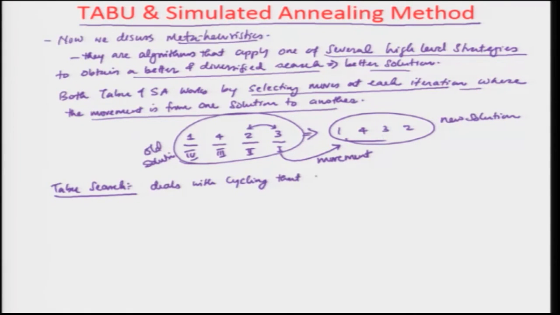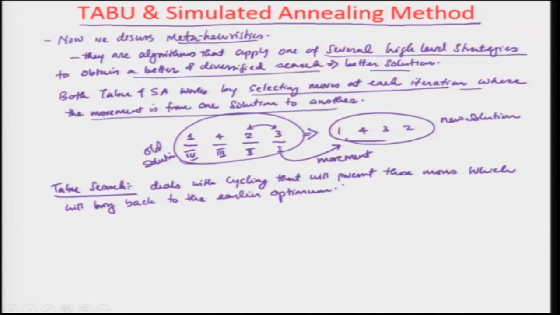It will prevent those moves which will bring you back to the earlier optimum. So this algorithm prevents the cycling. Taboo moves are something that you are not supposed to take, ideally speaking.